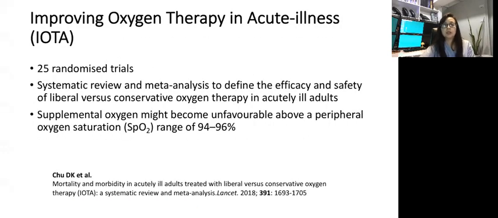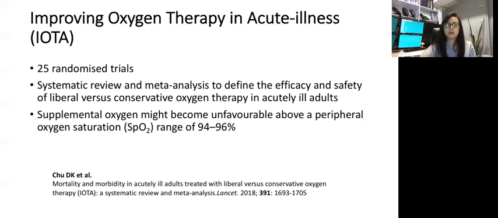Derek Chu and colleagues analyzed 25 randomized trials in the Improving Oxygen Therapy in Acute Illness, or IOTA, systematic review and meta-analysis to define the efficacy and safety of liberal versus conservative oxygen therapy in acutely ill adults.